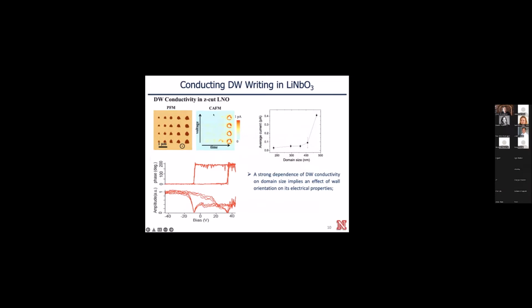The corresponding conducting AFM image shows that indeed here we have conducting domain walls, where conductivity depends on the wall orientation and also the geometry of the resulting domains. You can see that this hysteresis loop indicates that there is asymmetry in the switching local coercive voltages, so it's easier to switch into the downward polarization than the upward.